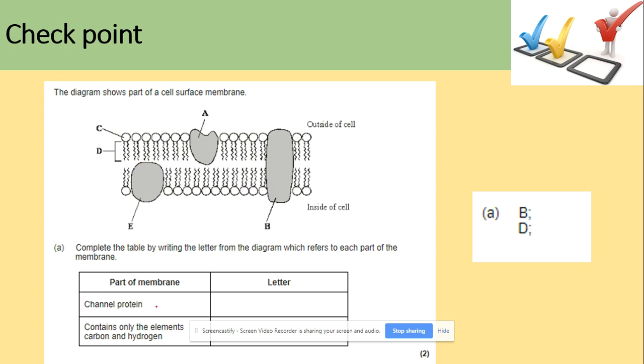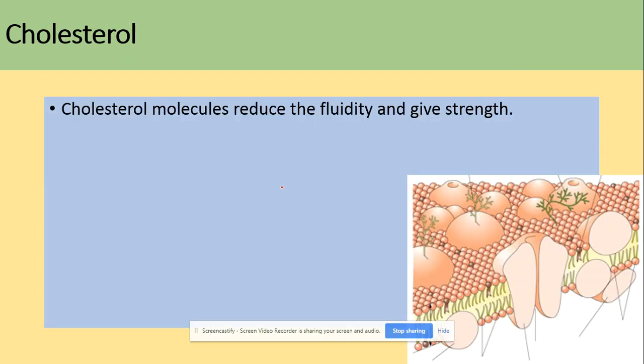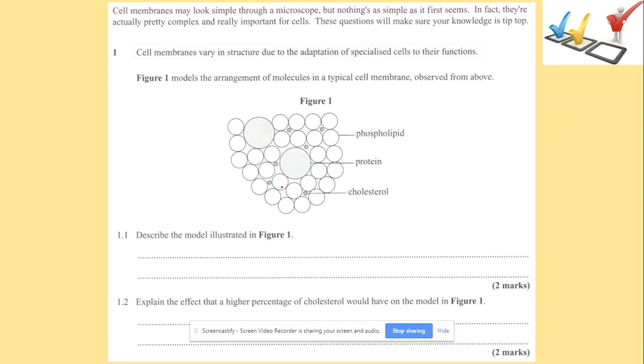The channel protein is B, because the channel protein will be the one that allows substances to be transported from outside to the inside or the other way around, so it has to go through the whole bilayer.